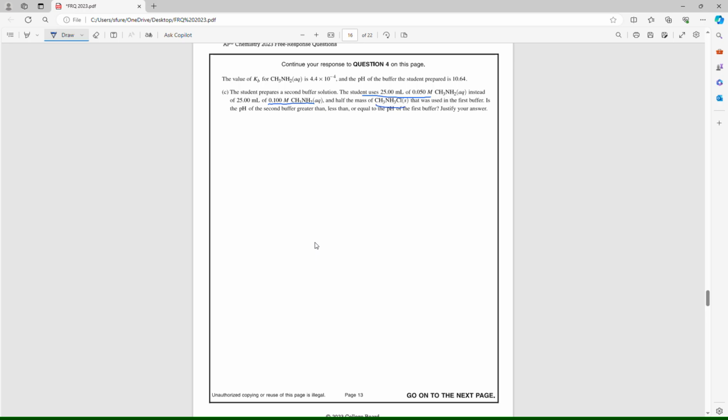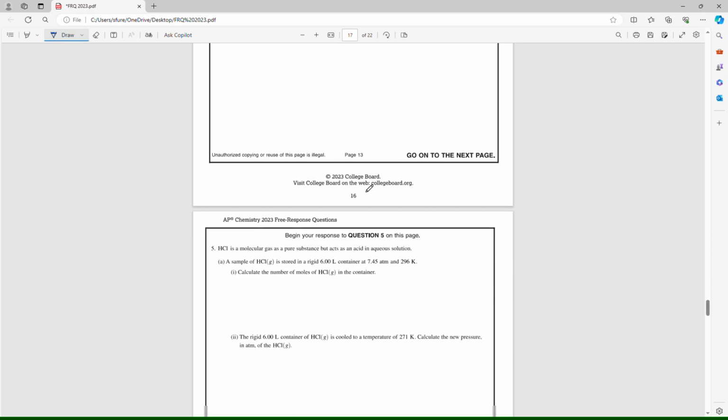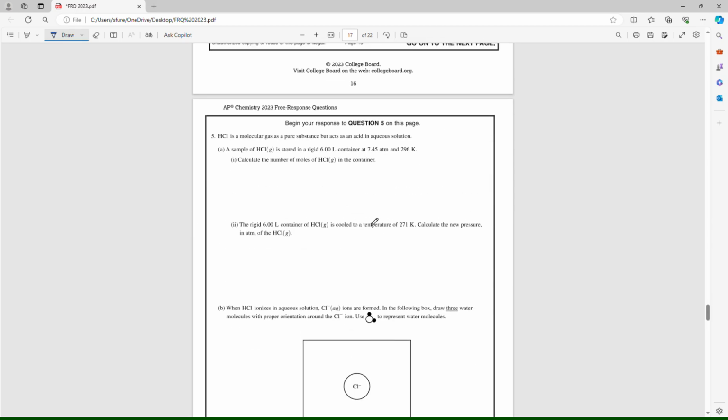So the buffer is still going to have the same pH because the moles of acid and base were both decreased by half. So the ratio of moles of acid to base is still the same. You could just say the ratio is still 1 to 1, acid to base.